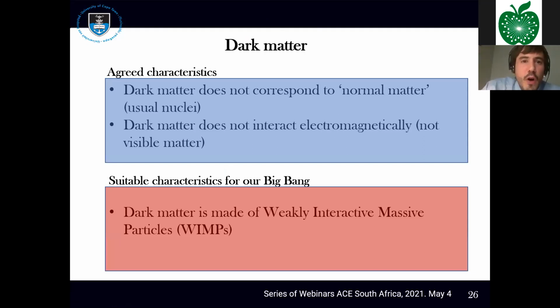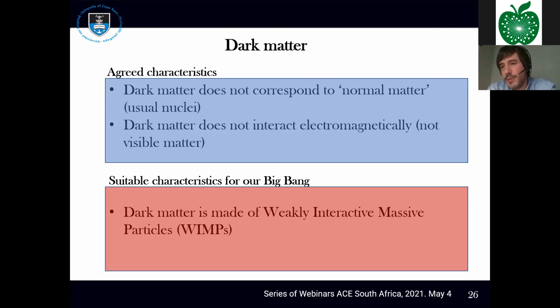Let's focus on dark matter. As I told you, dark matter does not correspond to normal matter or usual nuclei, and dark matter does not interact electromagnetically. So it's not visible matter. It's not the normal matter we observe.